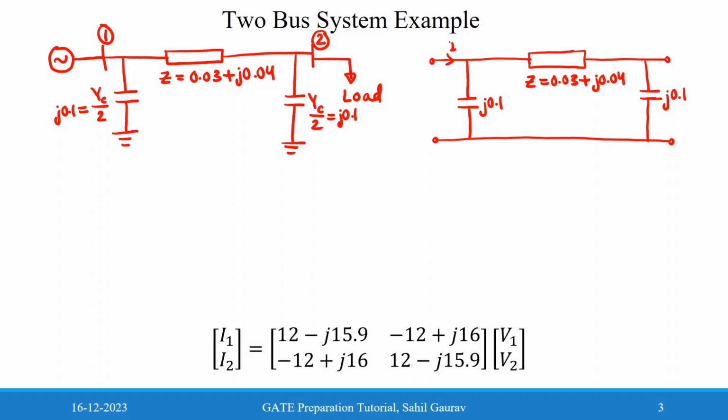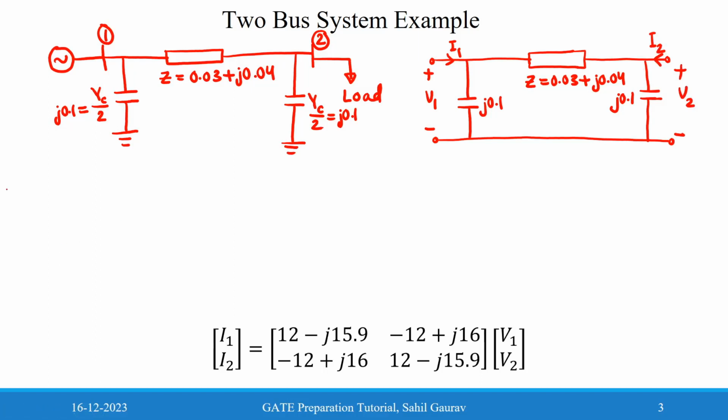This is the current injection at bus 1, I1, and the voltage at bus number 1 is V1. Similarly, the voltage at bus 2 is V2 and the current injected at bus 2 is I2.